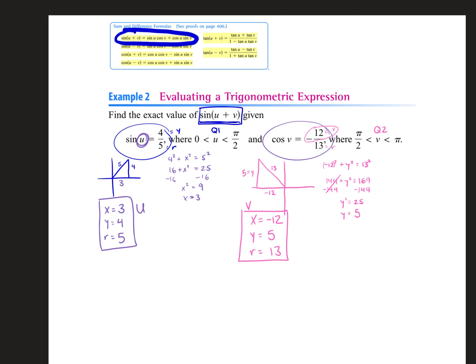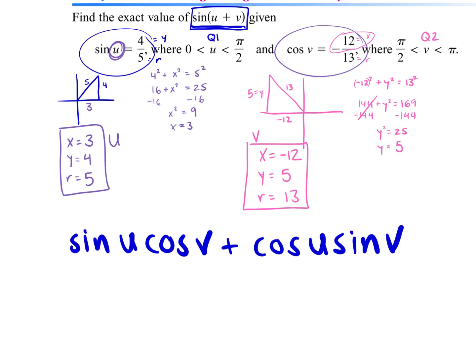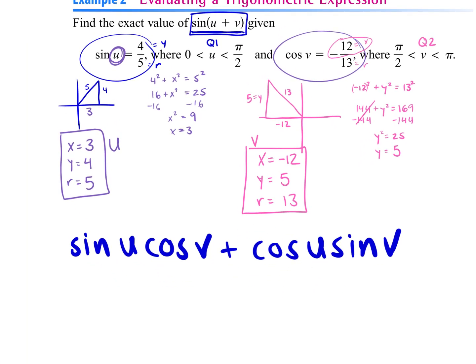So my formula goes sine of u times cosine of v plus cosine of u times sine of v. Now the u and v tell us which triangle I'm going to use, either my u triangle or my v triangle. So I have 2 different x, y, and r values, 2 different triangles.